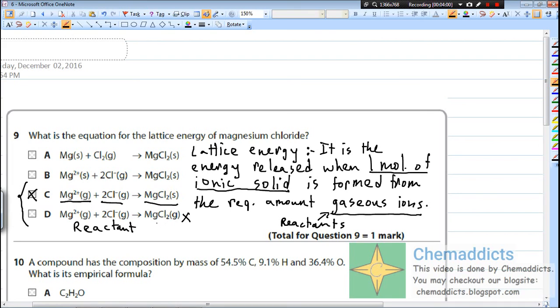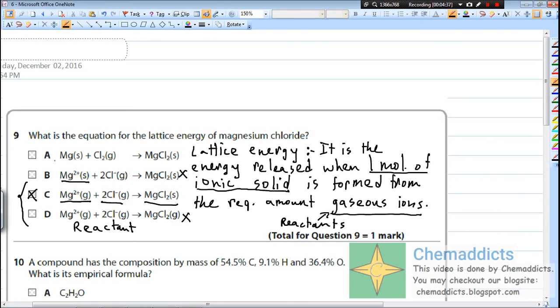Since the product is not solid, regardless of the reactant, D is not the option. B might also be an option, but one of the reactants is solid, so it does not match the definition. That is why we are ignoring B.